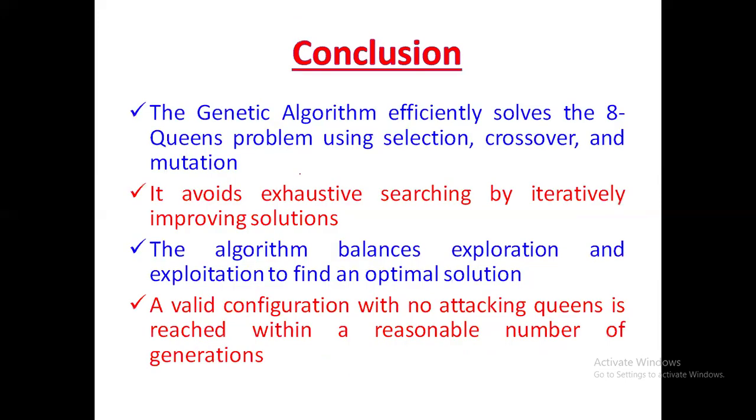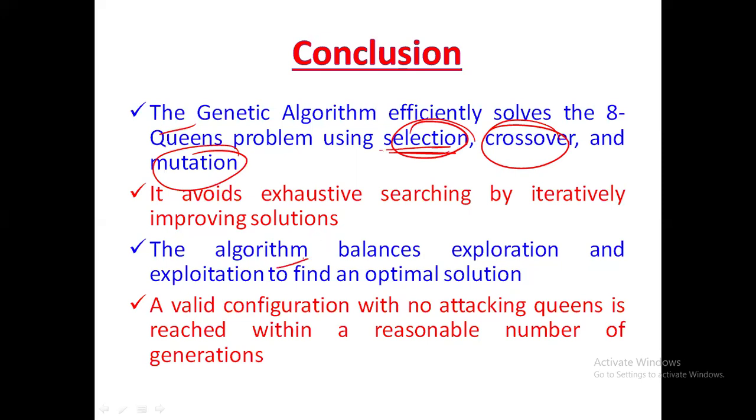So coming to the conclusion, the genetic algorithm effectively solves the 8 Queens problem by iteratively evolving solutions through three operations: selection, crossover, and mutation. Instead of exhaustively searching all possible configurations, it intelligently explores the solution space, gradually improving the population's fitness.